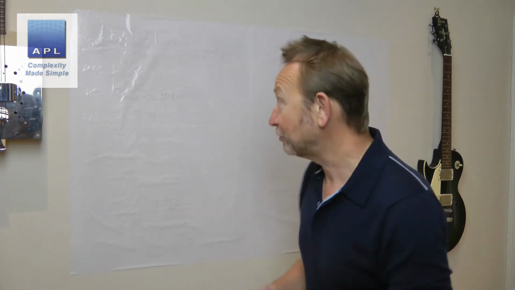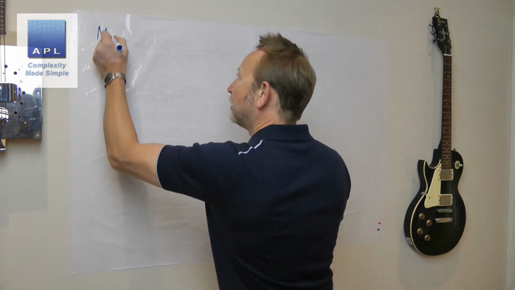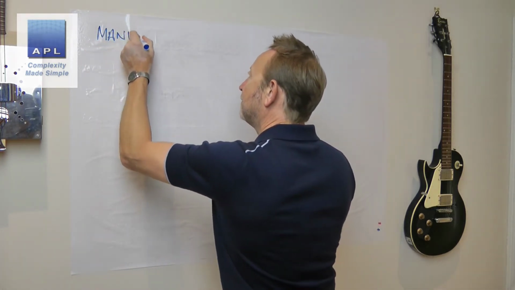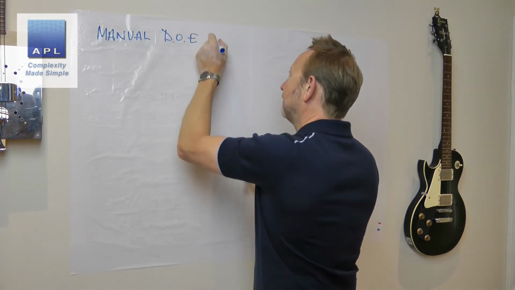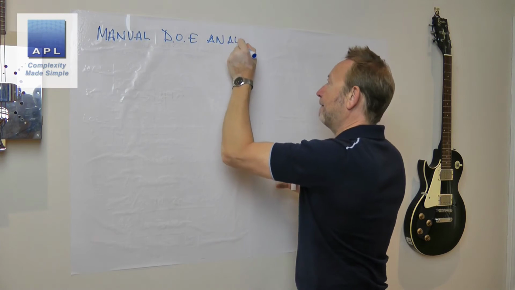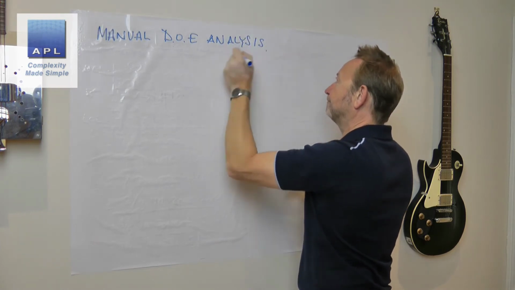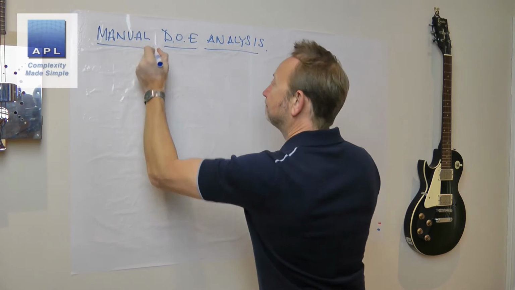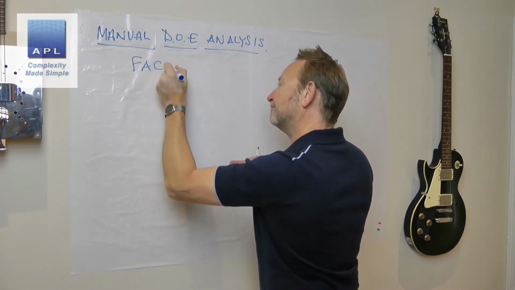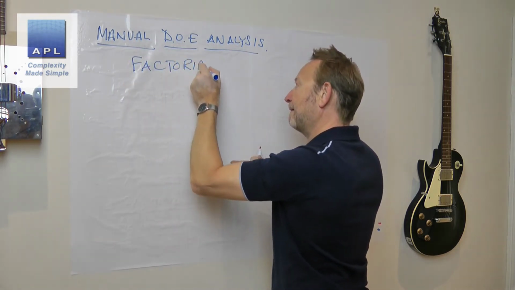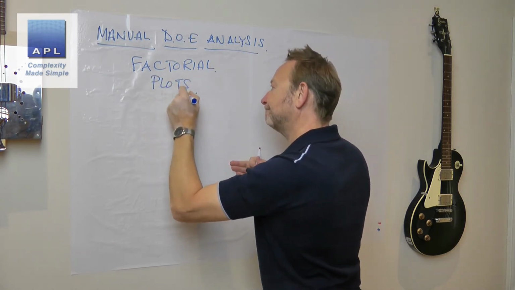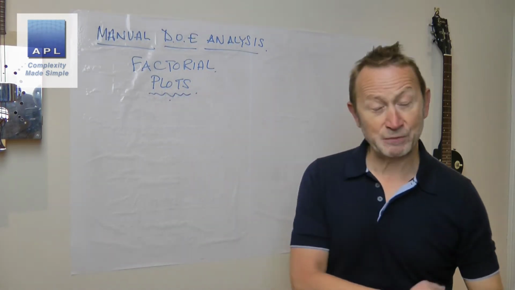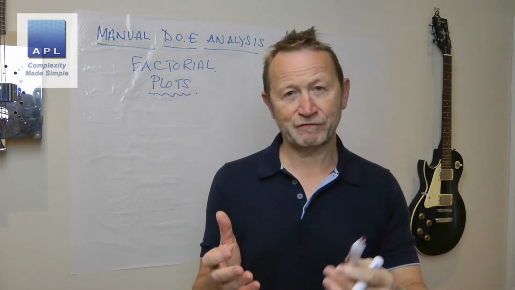Sometimes they're called factorial plots, sometimes marginal means plots.